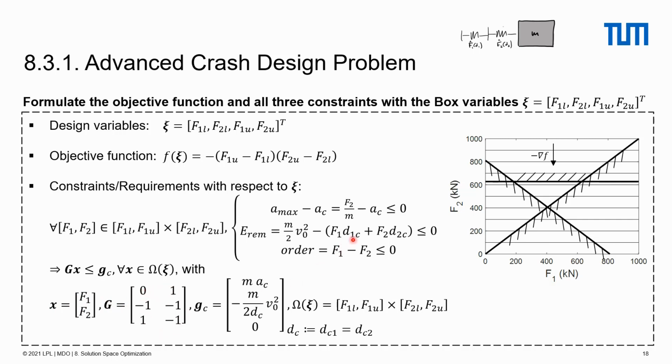We can derive G easily from these three constraints, and also GC. Then the design space for X is the box. And here we denote DC as DC1, DC2 because they are equal.